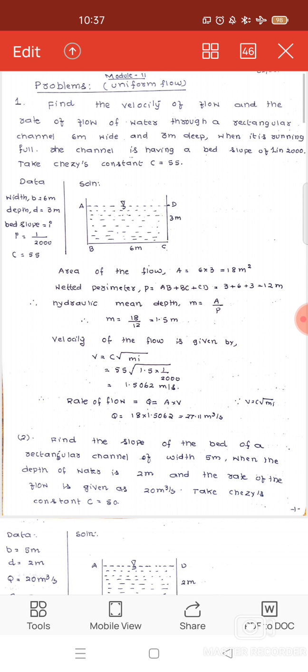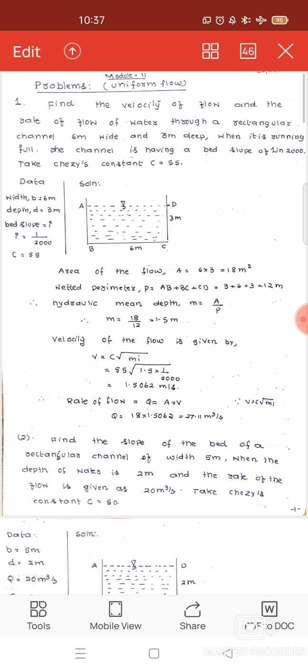Then the wetted perimeter is nothing but where the water touches the surfaces of the channel. So the touching surfaces are between A to B, B to C and C to D, that is AB plus BC plus CD. AB is 3 meters, that is the depth, and BC is the width 6 meter and CD is the depth 3 meters.